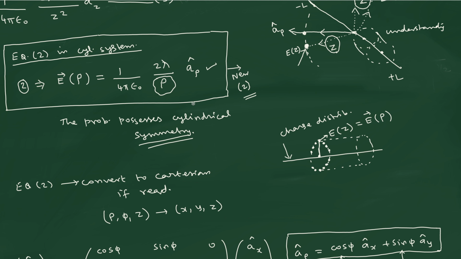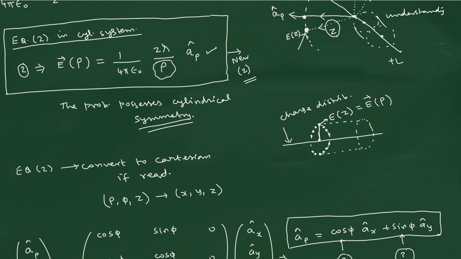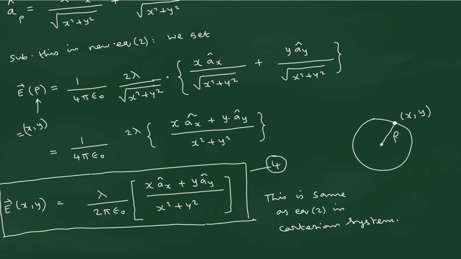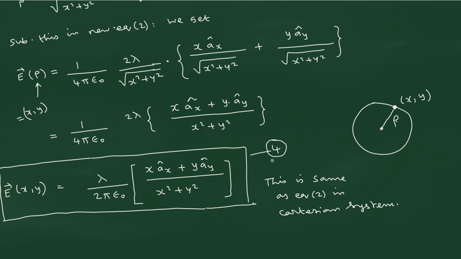That is the reason. Other than that, the equation is identically same. Remember once again, equation number 2 that is written here in this box is identically same as what we have obtained as equation number 4. So equation number 4 is identically same. It's not a new equation. It's identically same, but it represents the same scenario in the Cartesian system.